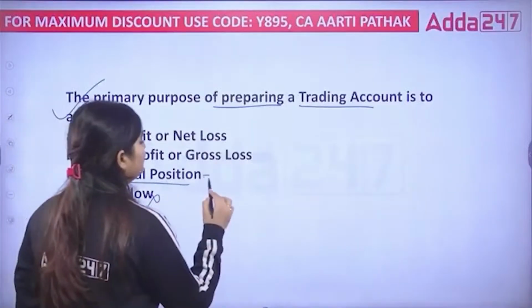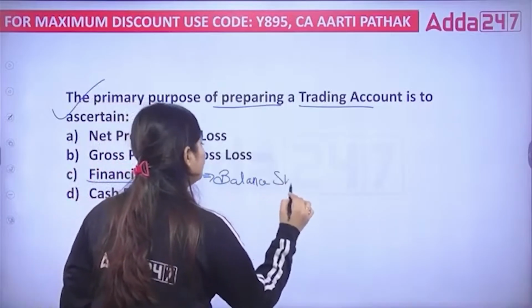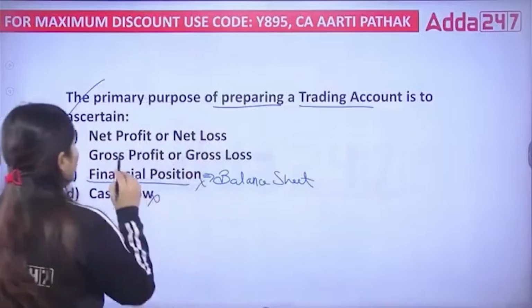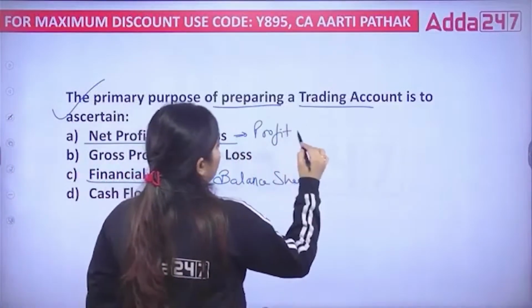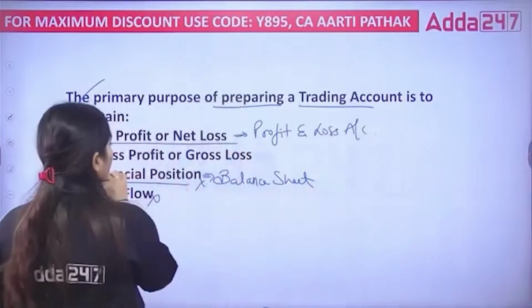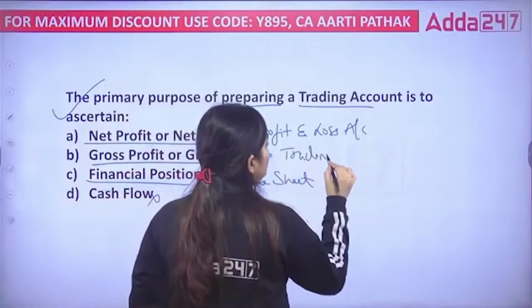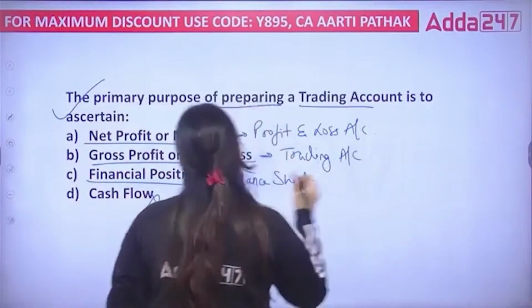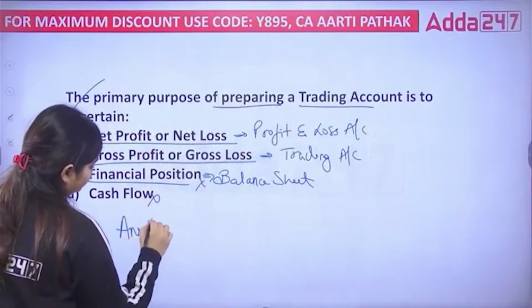Financial position, if you want to know, prepare balance sheet. Balance sheet talks about your financial position. And net profit and net loss, you can calculate with the help of profit and loss account. Then gross profit and gross loss is what we are going to calculate under trading account. So the correct answer is answer B.